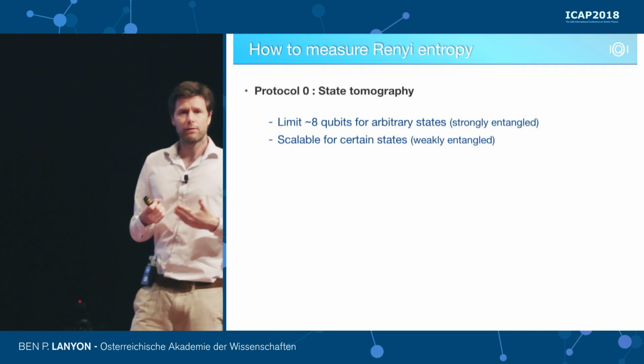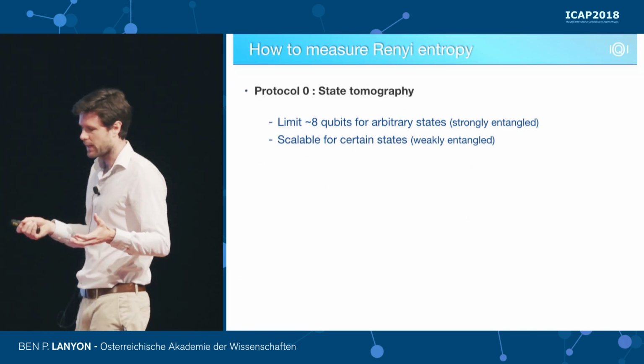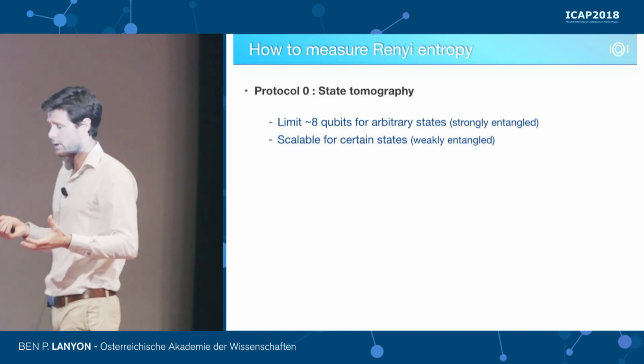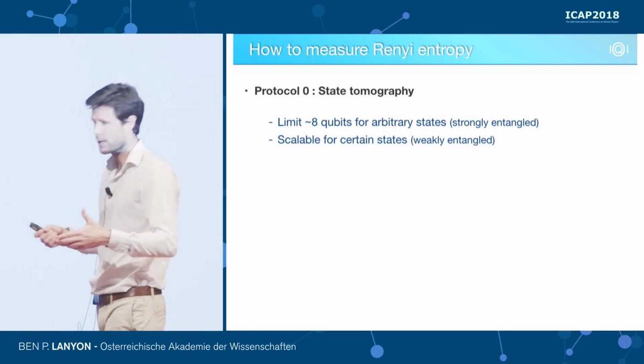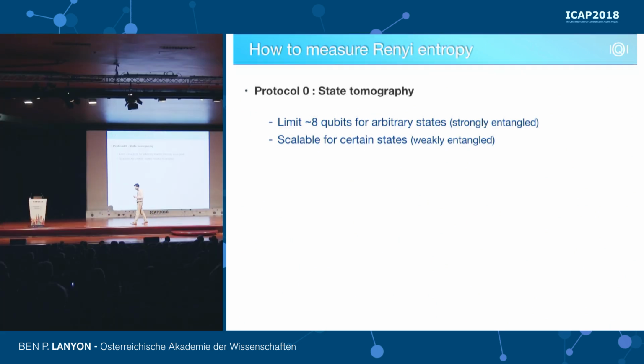For weakly entangled states and other simple states, there are scalable methods to do this in the lab. But for the more general and, I would say, more interesting case of strongly entangled states, this method does not scale well. Already for about 8 qubits, which is the experimental record, I think, achieved in Innsbruck, this was quite a hero experiment, and going beyond 8 qubits seems infeasible.